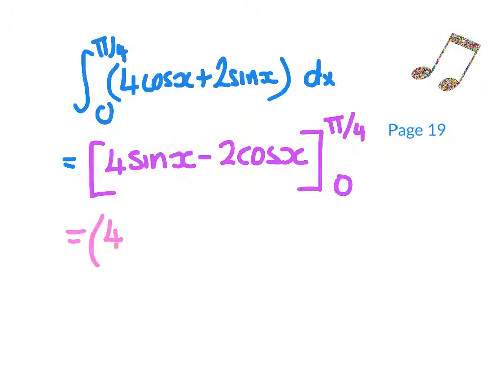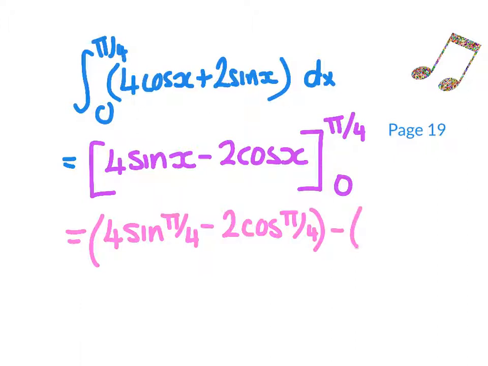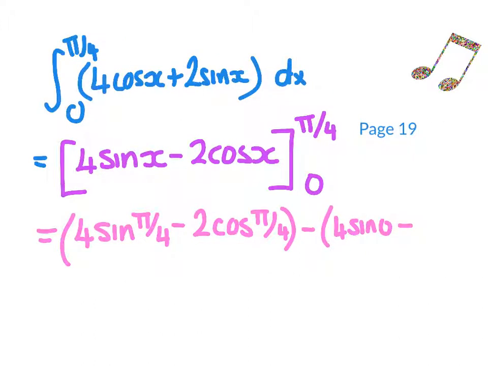So 4 times the sine of pi over 4 minus 2 times the cos of pi over 4. Take away 4 times the sine of 0 minus 2 times the cos of 0.